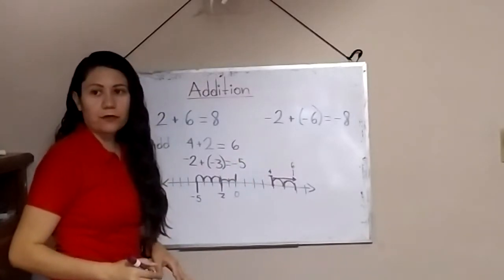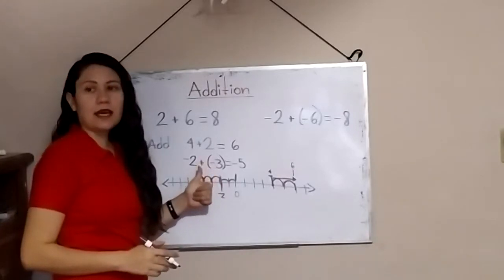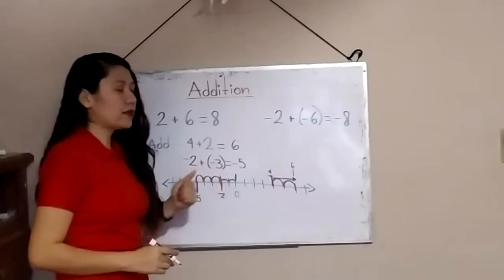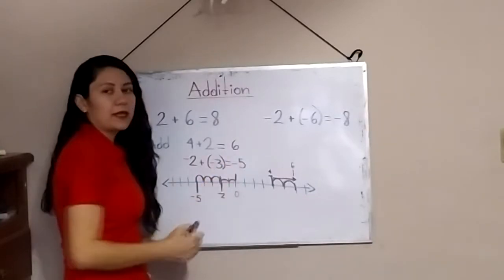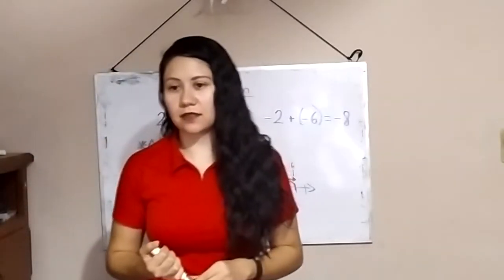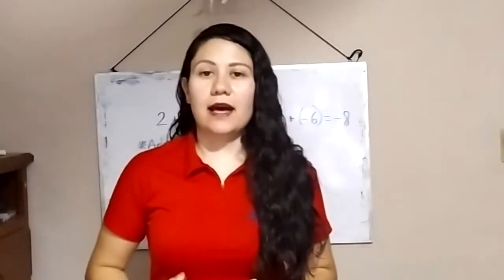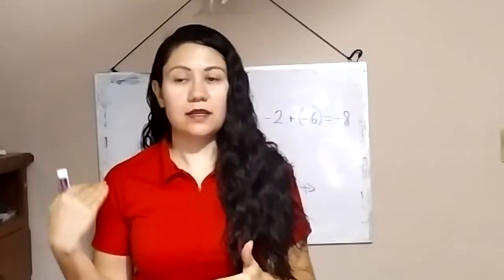Our result is negative 5, which would be the same as if we added the absolute values of 2 and 3, and then we place the sign of both of our addends. Addition with numbers with like signs is very simple.